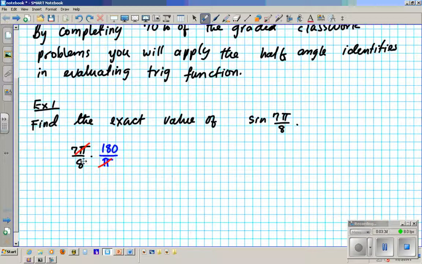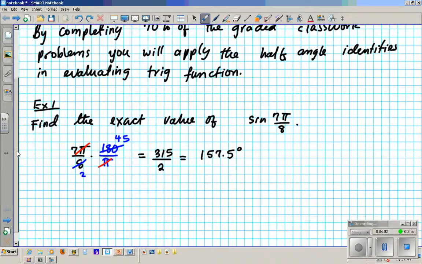4 goes into 8 two times, and 4 goes into 180 45 times. When we multiply across, you will end up with 315 over 2, which is equal to 157.5 degrees. This is clearly not on the unit circle because they're all whole angles, okay?